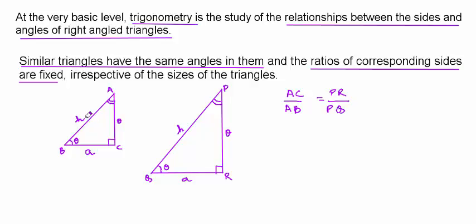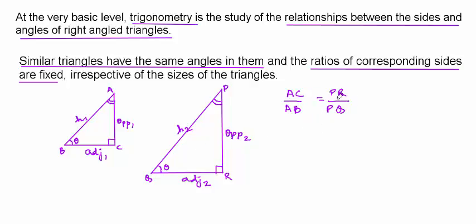I'm actually going to change this to H1 and H2 to indicate the two hypotenuses, since the lengths are different. Same with the adjacents, so let me write ADJ1 and ADJ2 for the two adjacents, and OPP1 and OPP2 for the opposites.